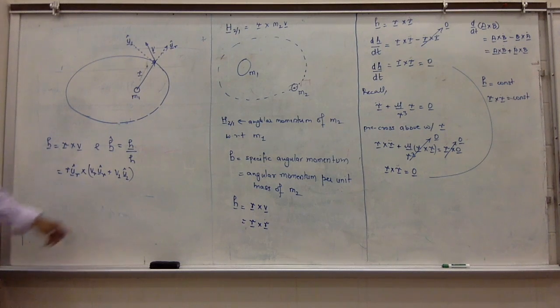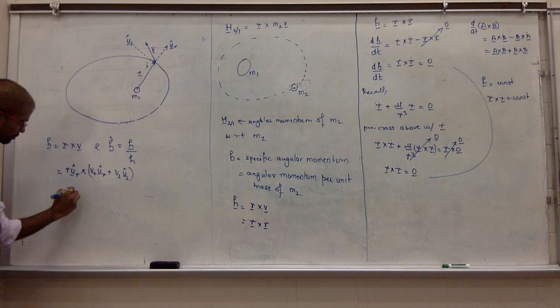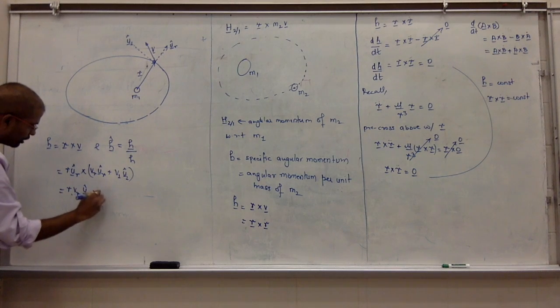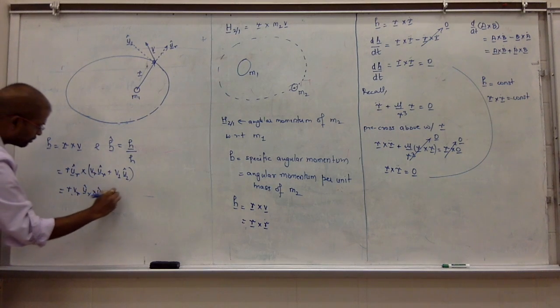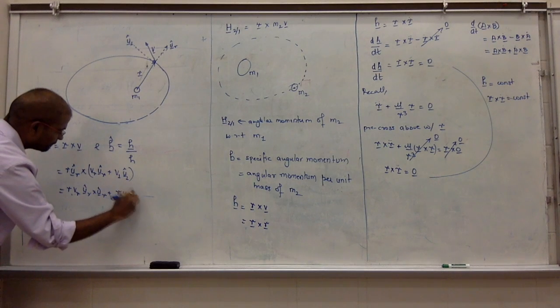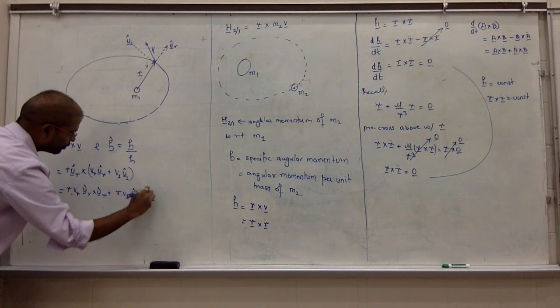Everybody? So now if I cross this, what will I do? R V_R UR crossed with UR plus R V perpendicular UR crossed with U perpendicular.